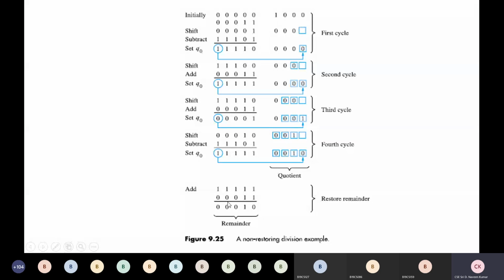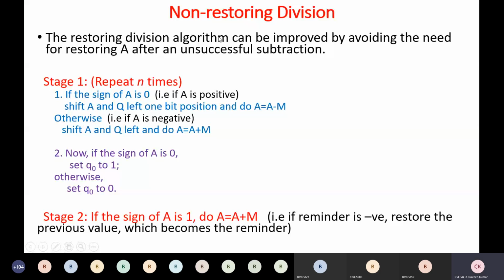This is stage 2. These entire 4 cycles are in stage 1. Stage 1 repeats n times, these are the 4 cycles. And stage 2 is one restore operation. If A is negative only, we do this restore operation.